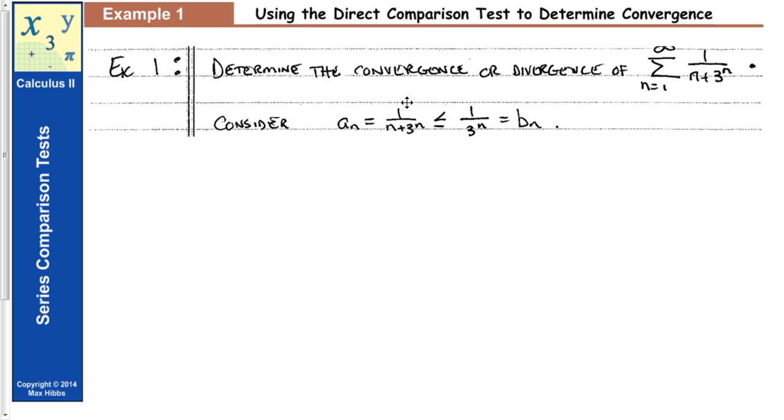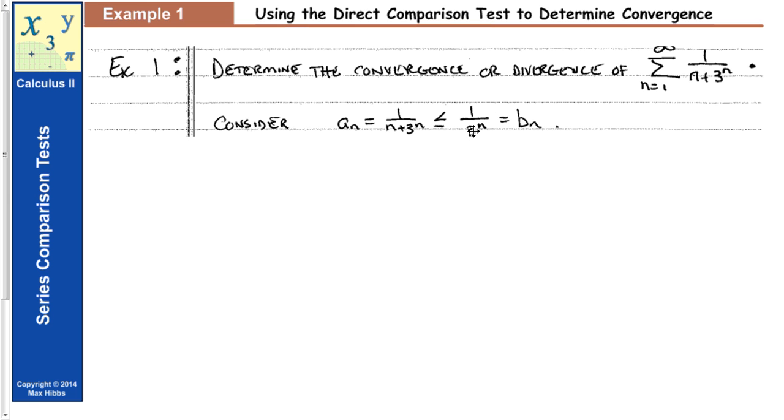I'm looking for something to compare this term to. And about all I could do is lop away the n or lop away the 3 to the n. If I lop away the n and compare it to 1 over 3 to the n, this denominator is smaller because I don't have a plus n in there, right? It's smaller, okay?